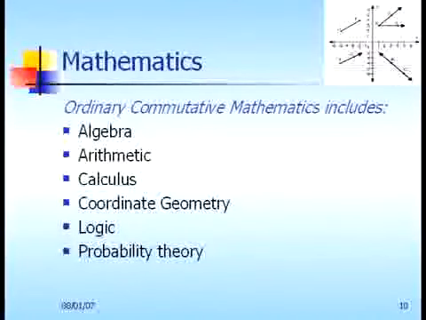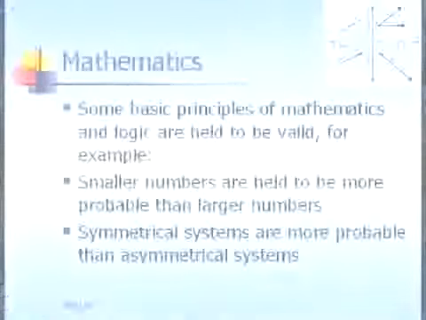Coming next to the phrase ordinary commutative mathematics. This includes algebra, arithmetic, calculus, coordinate geometry, logic, and probability theory. All of these are very well-known branches of mathematics and form a part of ordinary commutative mathematics.